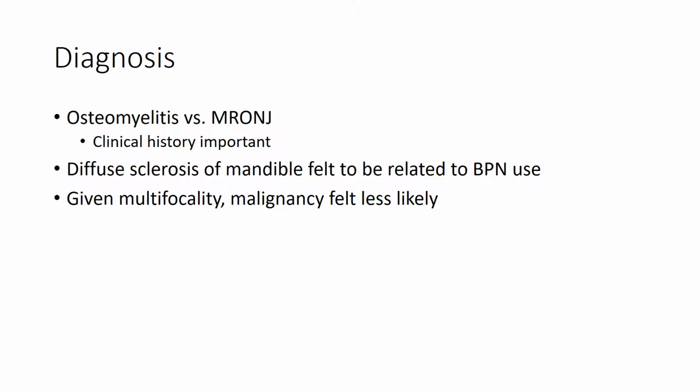And so this patient could have osteomyelitis, but also have stage 0 medication-related osteonecrosis, which again, that stage 0 was sclerotic changes, symptoms, but no real exposed bone. Given the multifocality in this case, malignancy was felt to be less likely.